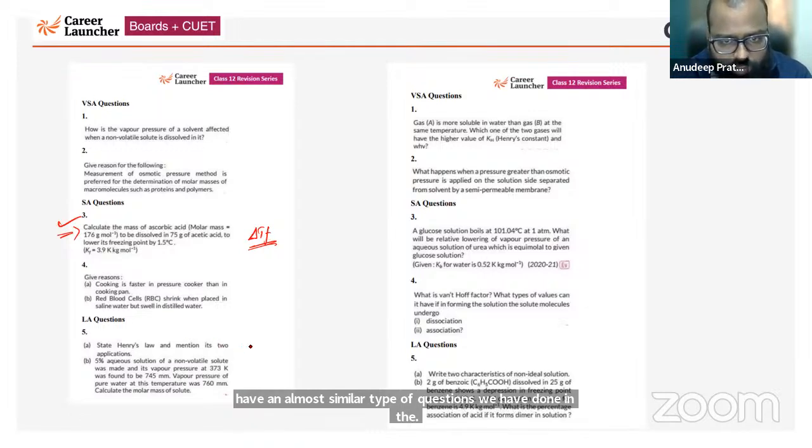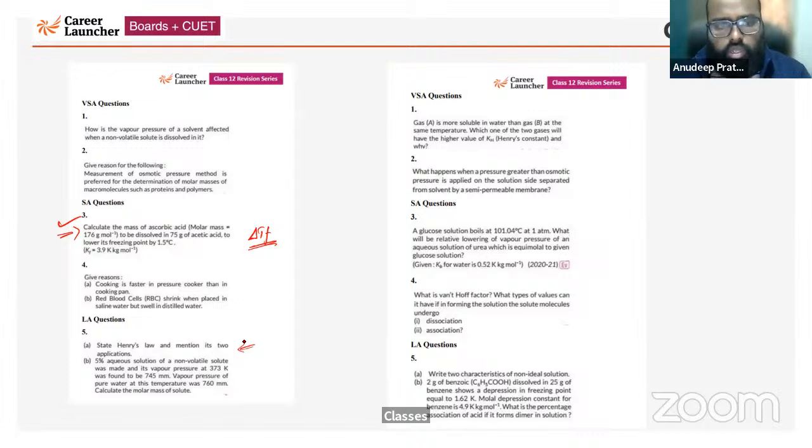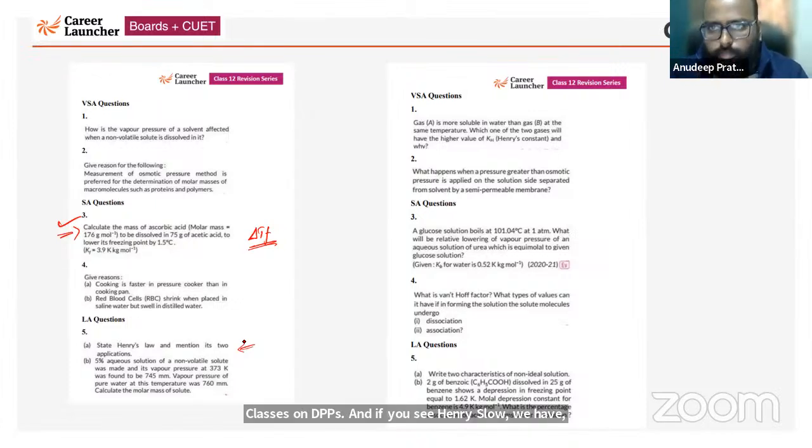And if you see Henry's law, we have covered solubility and the application of Henry's law already. In the paper he asked why aquatic animals prefer cold water to hot water. It is based on Henry's law, right? We have discussed similar questions here, and this one is based on the relative lowering of vapor pressure.